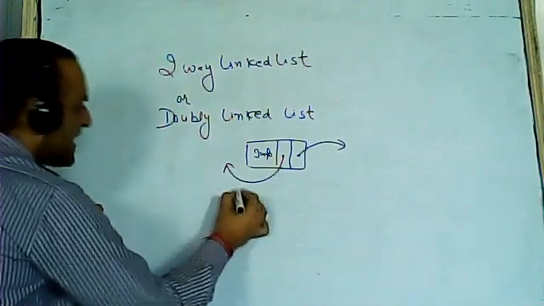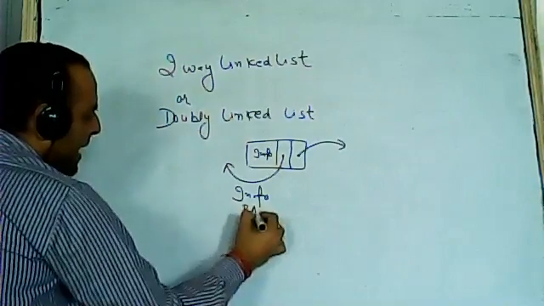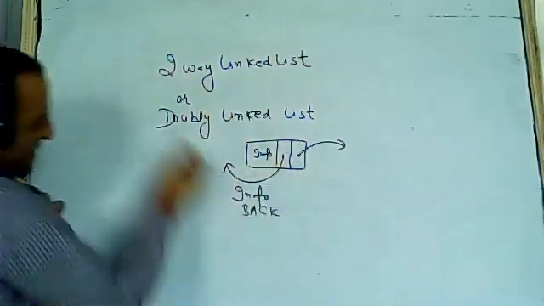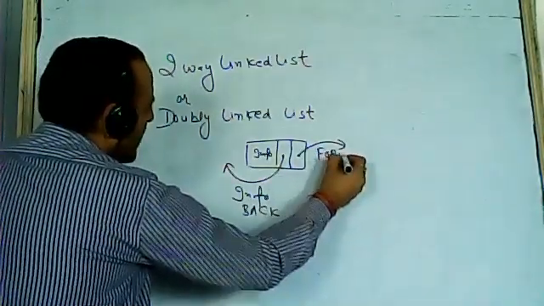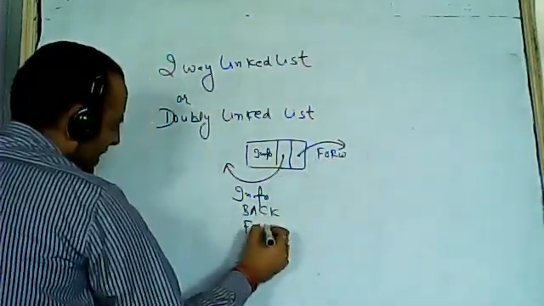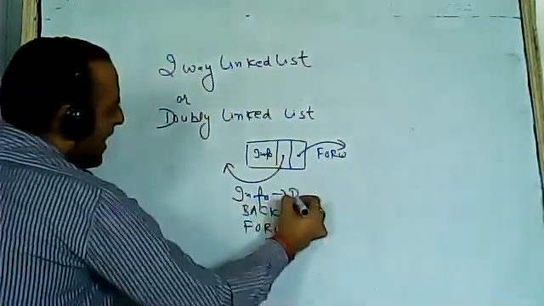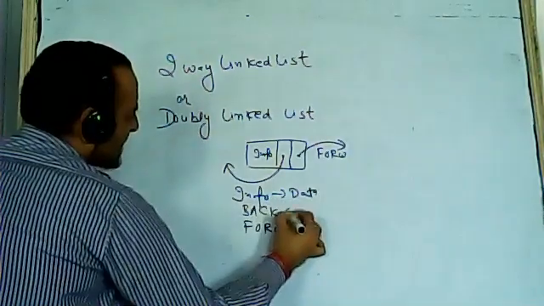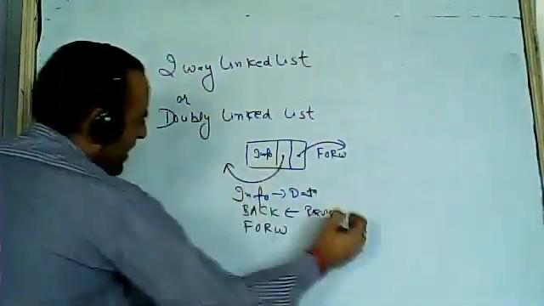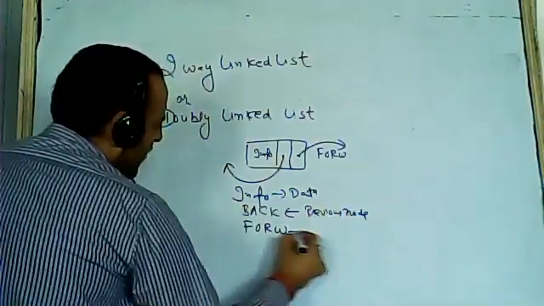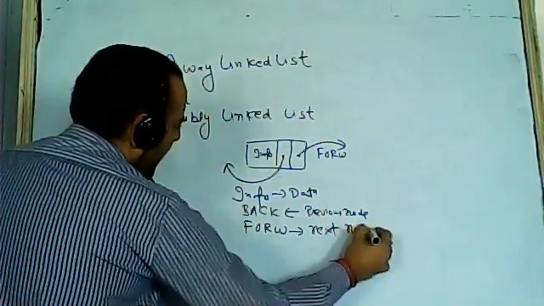So we have three things here: info, the data we contain, back pointer which contains the address of the previous node, and this is my forward pointer, the address of the next node. Info means your data, back pointer contains the address of the previous node, and forward pointer contains the address of the next node.